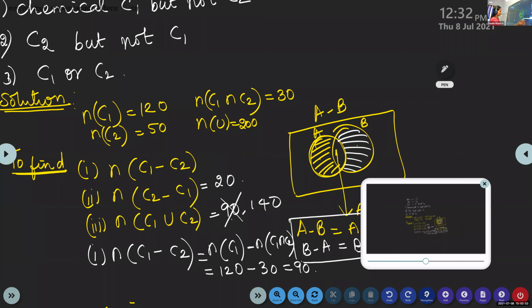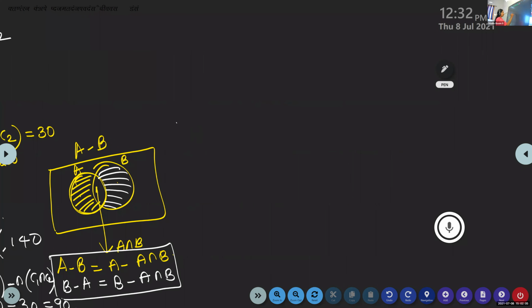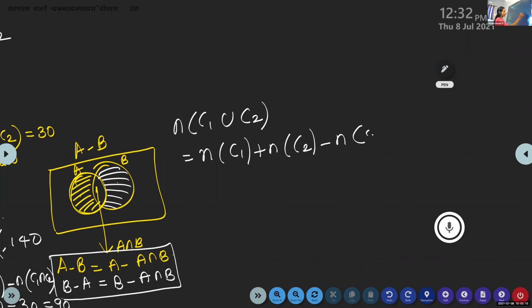I'll explain it once again. You are finding N of C1 union C2. When you apply the formula, N of C1 plus N of C2 minus N of C1 intersection C2. N of C1 is given as 120, plus N of C2 is 50, minus C1 intersection C2, which is 30.